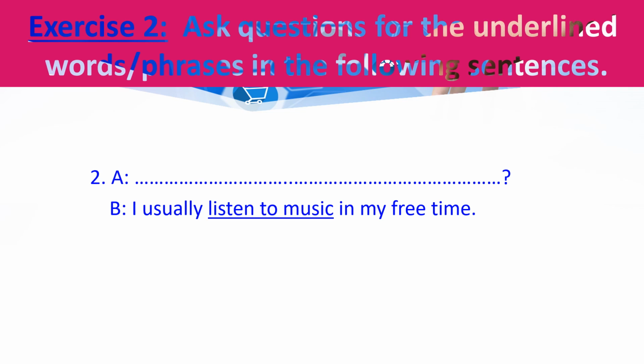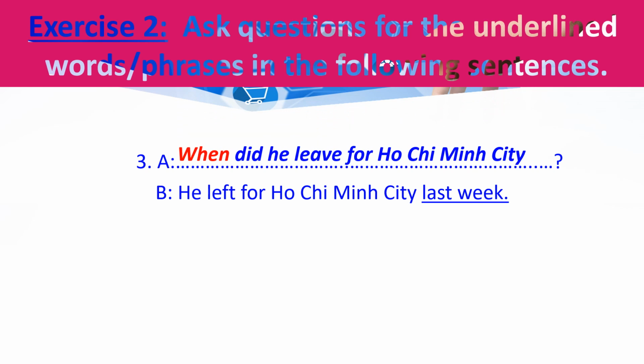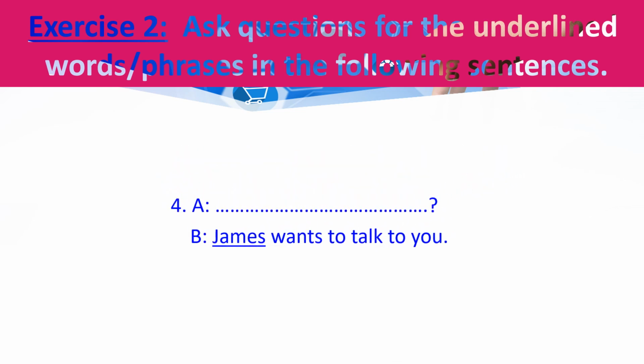The question is what do you usually do in your free time? Right. Number 3. The question is about last week, so you can make the question. When did he leave for Ho Chi Minh City? Number 4. James wants to talk to you. The question is who wants to talk to you? Okay, very good.